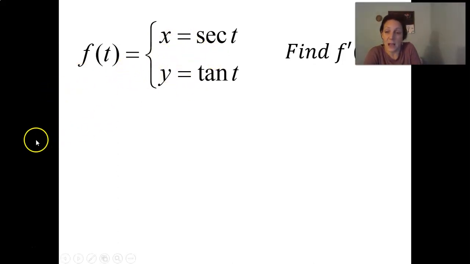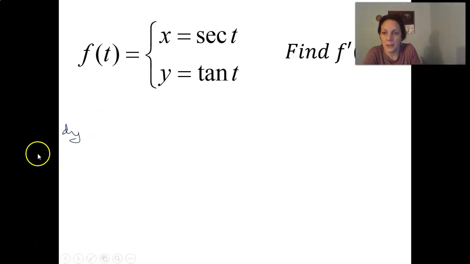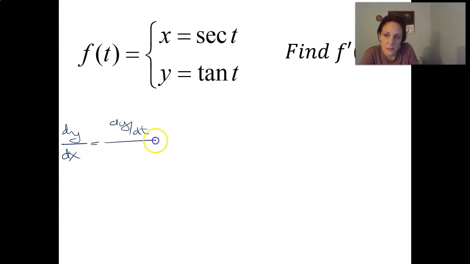Again, in that case, I am literally just taking dy/dx, dy/dt over dx/dt. So dy/dt in this case, derivative of tangent is secant squared.